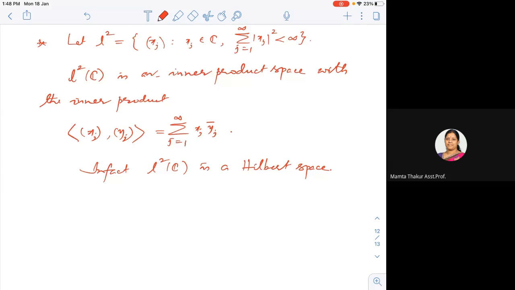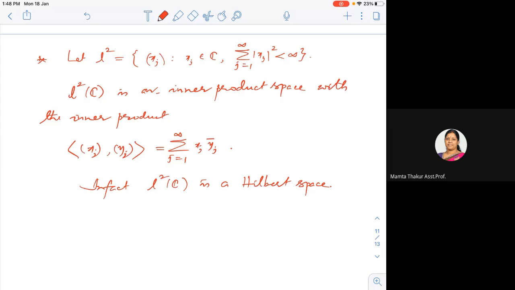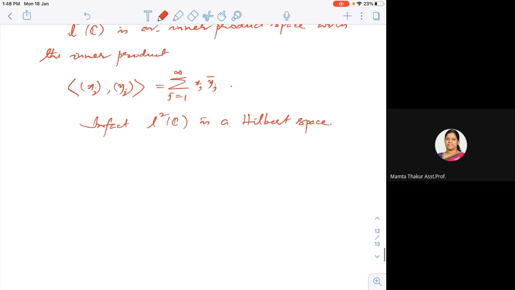When you talk about these Hilbert spaces, again, there come so many other problems. Because basically Hilbert spaces are linear spaces. You can look for mappings between these Hilbert spaces.